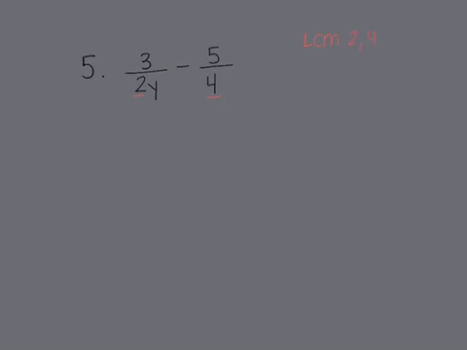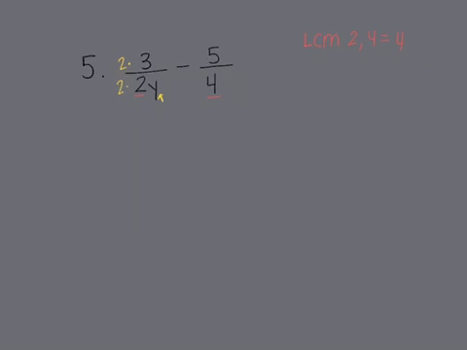So if I counted by 2's and I counted by 4's, the first number they'd have in common is 4. So I know I need to make my denominator, both of the denominators have a 4, and then they also both need this y. This one already has the y, but it doesn't have the 4, so to make that 2 into a 4, I'm going to multiply top and bottom by 2.